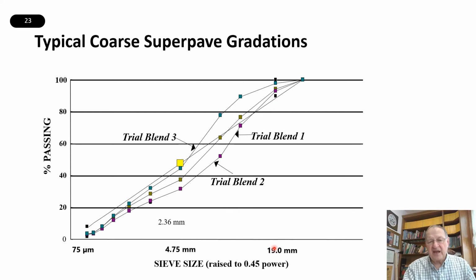In this case, it's a 19 millimeter nominal maximum size, and you'll notice that the primary control sieve is now 4.75 millimeter. It's bigger than the example that we just looked at. So we can put together trial blends, and typically if we want to do a coarse graded mix, we would put together trial blends that are all coarse graded. If we wanted to do a fine graded mix, we would put all the trial blends above this primary control sieve.